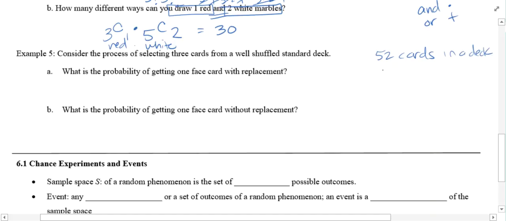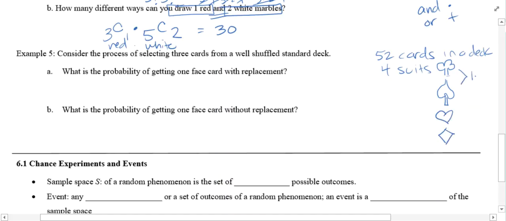There are 4 suits: clubs, spades, then hearts and diamonds.